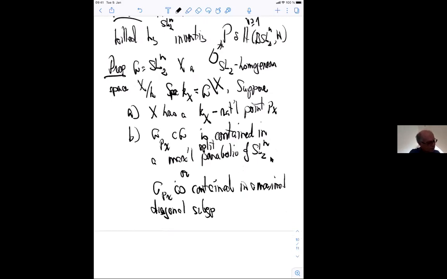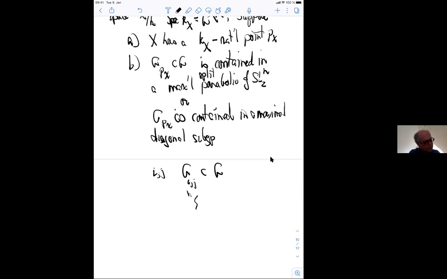You take indices i, j, not equal, and let G_ij contained in G be the subgroup scheme of things of the form G1 up to Gn such that Gi is equal to Gj. And a maximal diagonal subgroup is some G prime which is conjugate to a G_ij for some i and j.